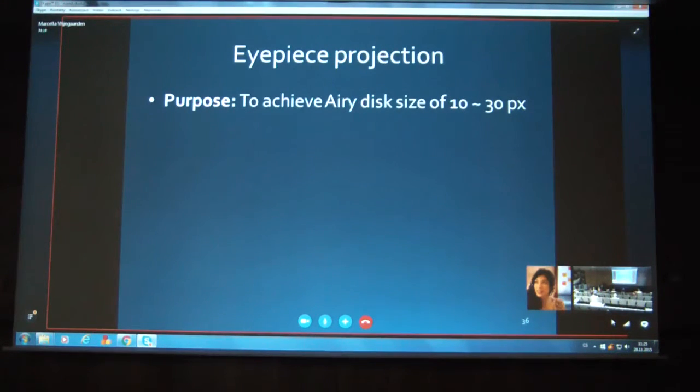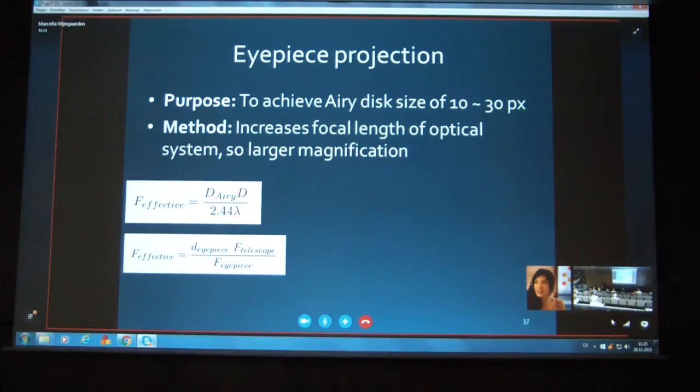And in order to get that, we can use projection techniques. Because this, of course, increases the focal length of the optical system, and with that you get a larger magnification, as is also shown by the formulas below. You see that the effective focal length determines the size of the Airy disk in the top formula, and in the bottom formula you can see that you can have a larger effective focal length by using an eyepiece.